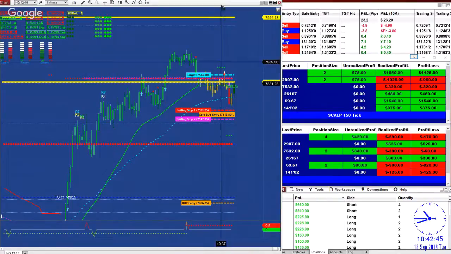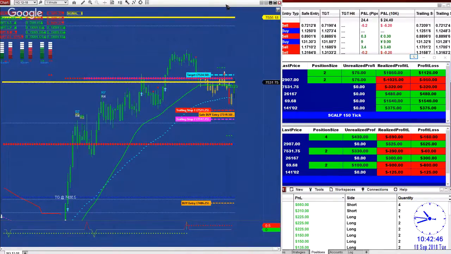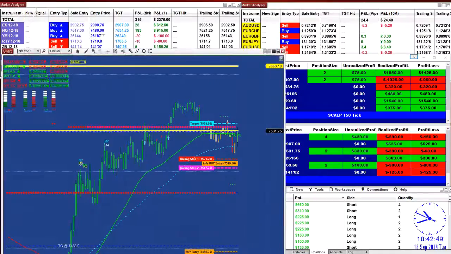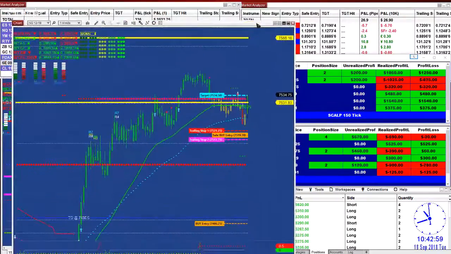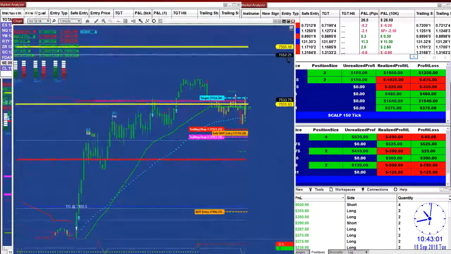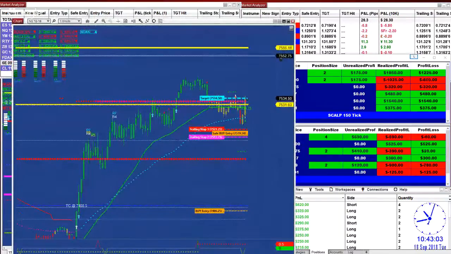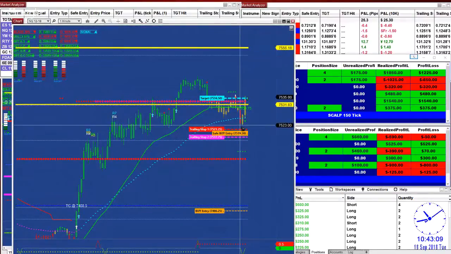That's why we measure the pullback re-entry on every single instrument, for a reason. The market doesn't go only up and down. The market goes back, reconfirms, and then keeps moving. So this is a pullback.